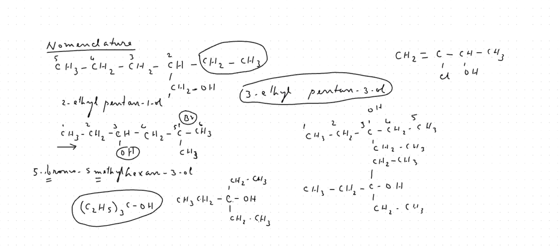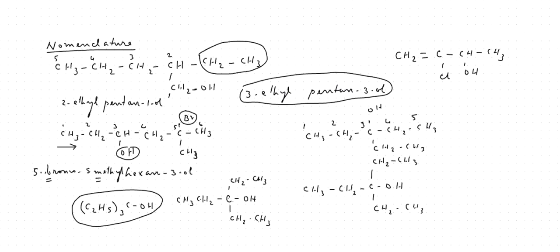OH is also a functional group. But according to the preferential order, alcohol is given the most importance. So you have to count the carbon atoms in such a way that the OH group gets the least number. So we have to start from right to left.